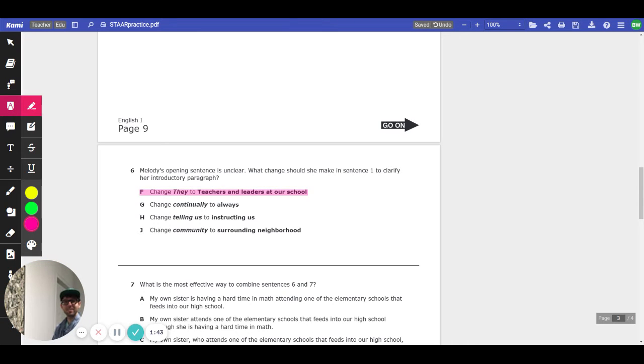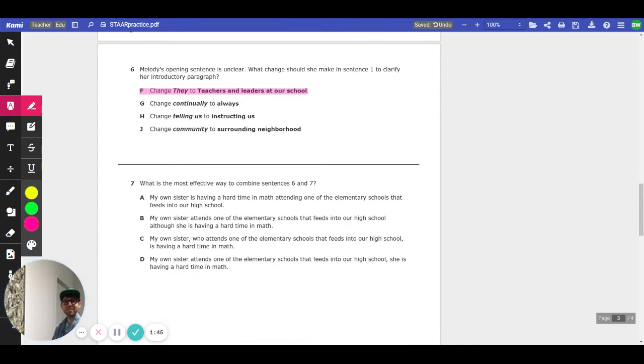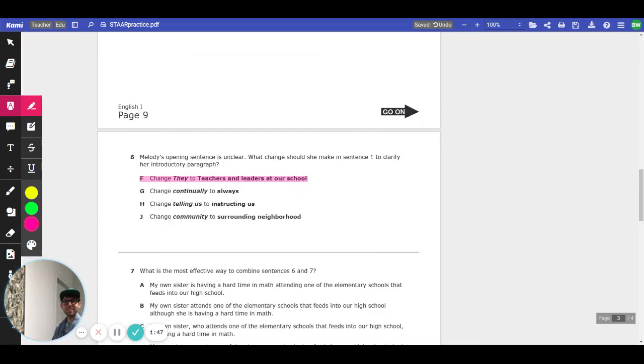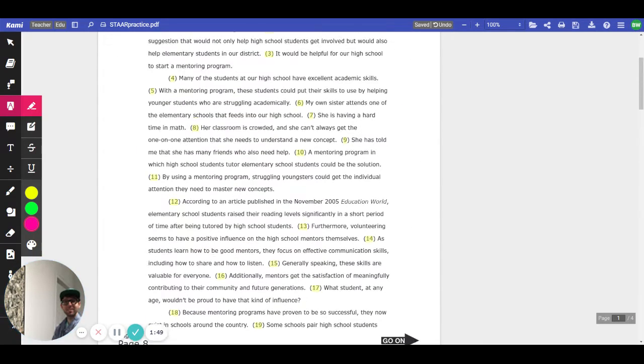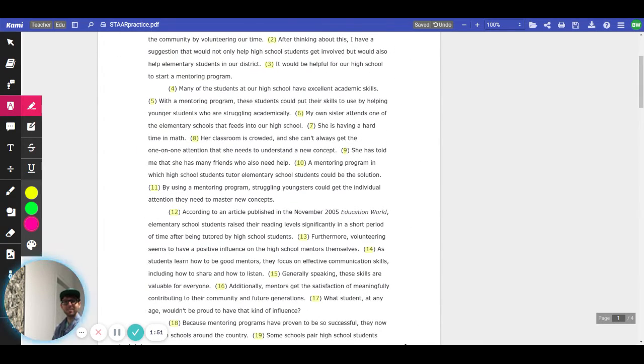Yes, please. What is the most effective way to combine sentences 6 and 7? So I'm going to scroll up and look at sentences 6 and 7. "My own sister attends one of the elementary schools that feeds into our high school. She is having a hard time in math." Okay, so before I know how to combine these, I need to know my reasoning for combining them. So I need to look around and at least read this paragraph to figure out what our author is trying to say here.